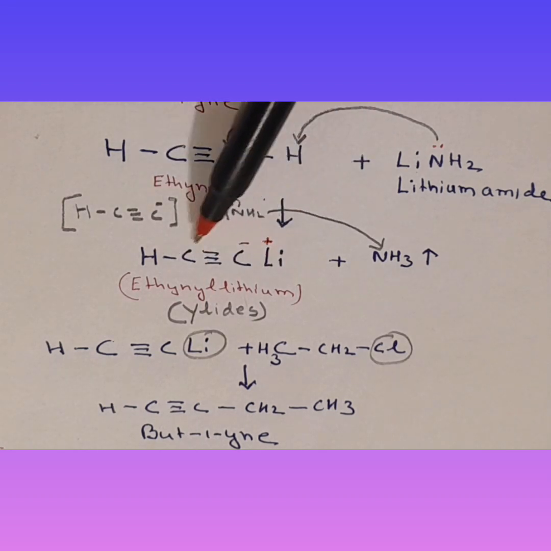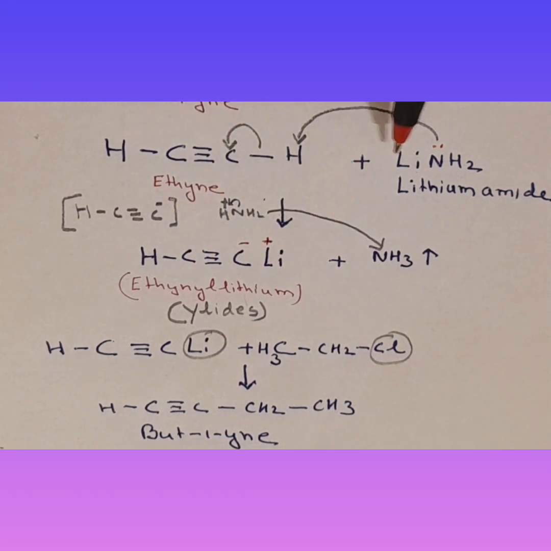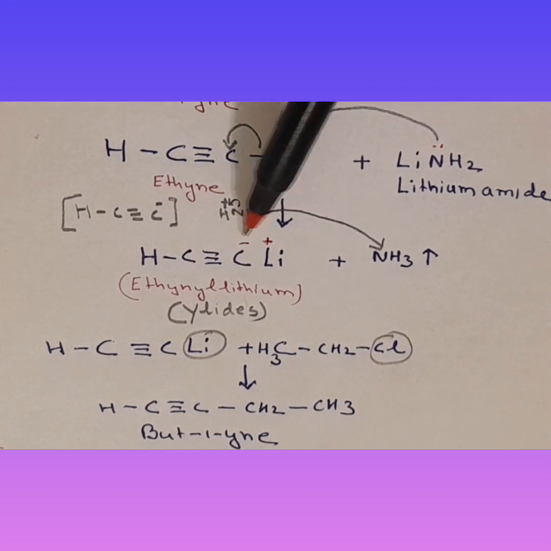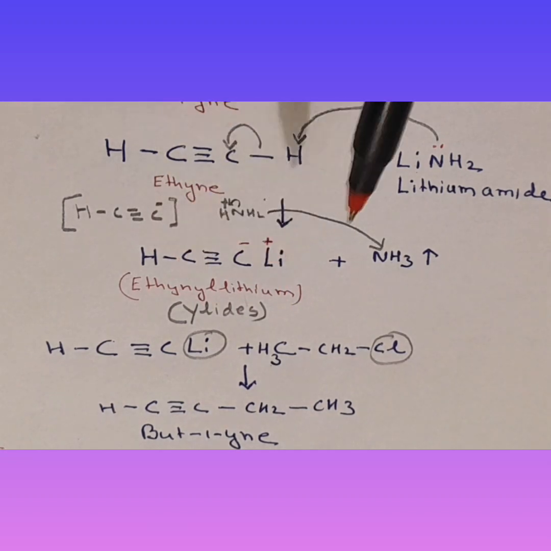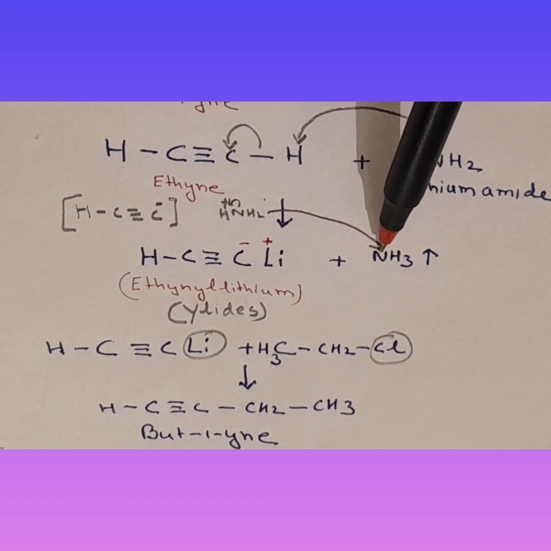This is your this part, and lithium is your this part. So lithium combines here to give this molecule, and NH2 takes the hydrogen, rather I would say proton, to form ammonia.